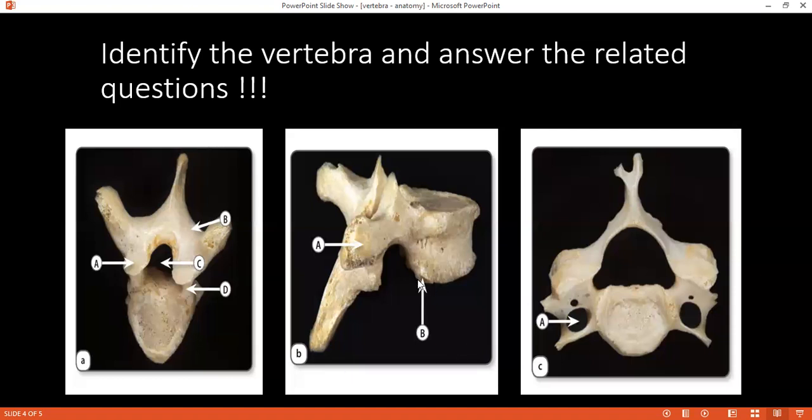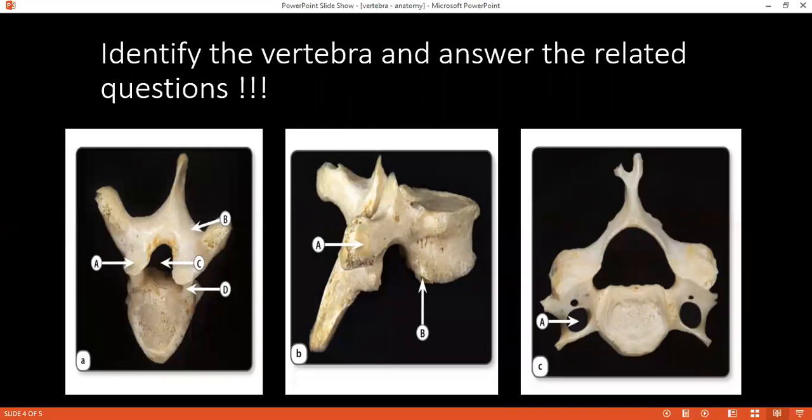Try to look. It's the articular facet, ma'am. It must be a thoracic vertebra. Yes, ma'am. Are you sure? Okay. If we are moving on to picture C. Yes, ma'am. It's a typical cervical vertebra with foramen transversarium.